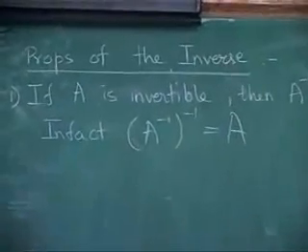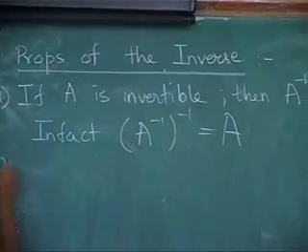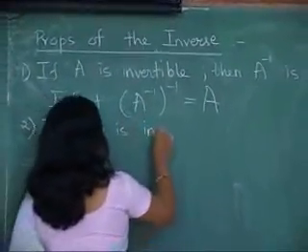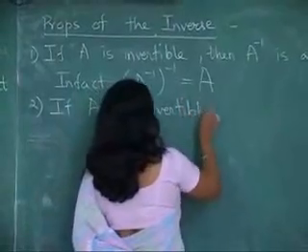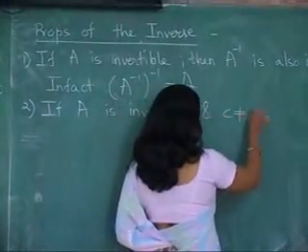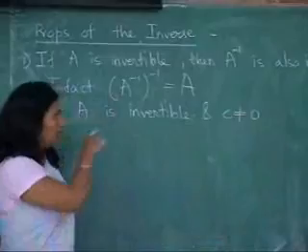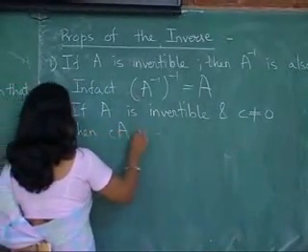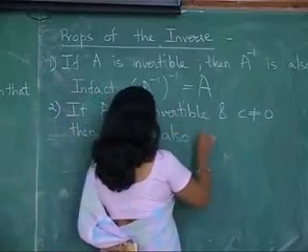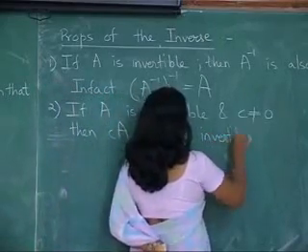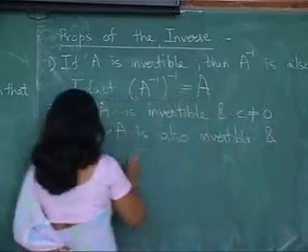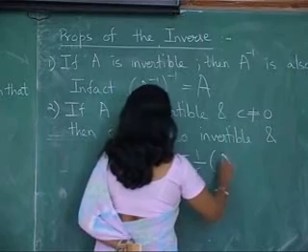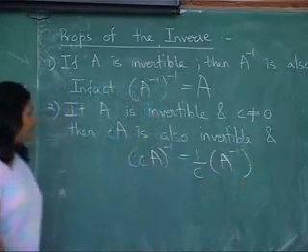Similarly, inverse of the inverse will be equal to A. Then again, if A is invertible and C is a non-zero real number, C is a non-zero scalar, then C times A is also invertible, and the inverse of this matrix will be 1 upon C times A inverse.